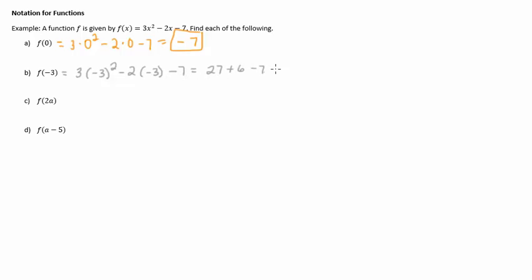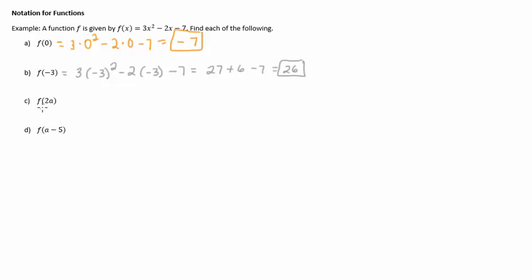Then we're subtracting 7. So this gives us 26. Make sure that you're careful when you plug in negative numbers to put them in parentheses. If you're doing it on the calculator, especially without the parentheses here, it'll do your problem wrong, most likely.